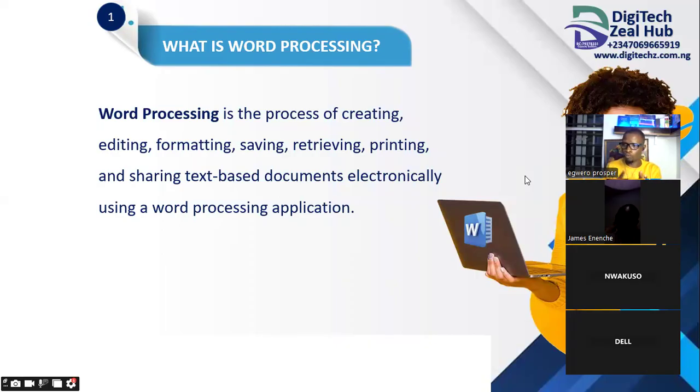So which means that you must have word processing creating or creation skills. You must also have word processing editing skill. You must also have word processing formatting. The word formatting here means changing the appearance of what does not look good.